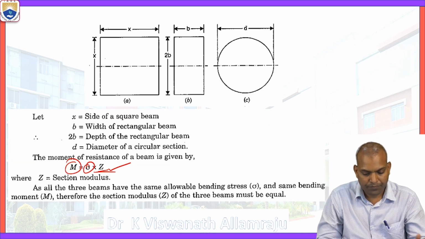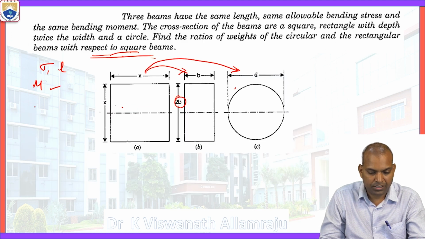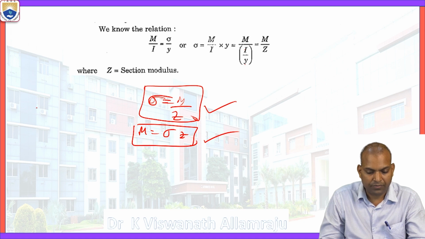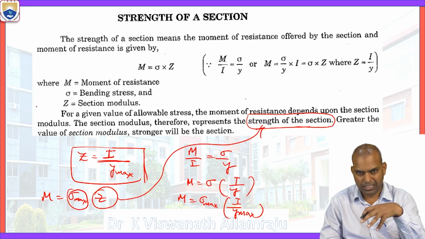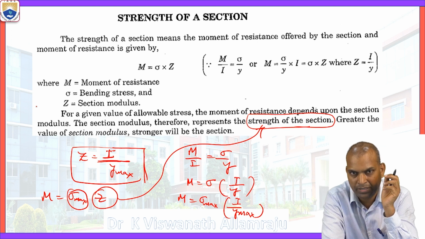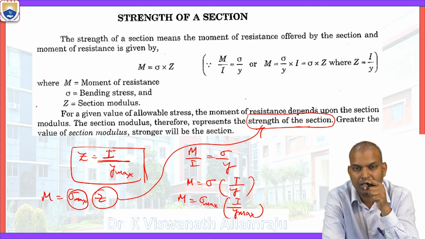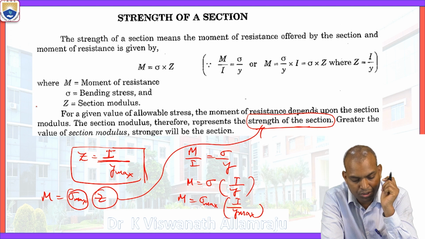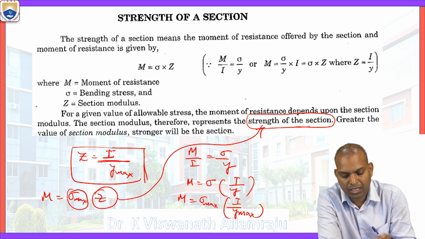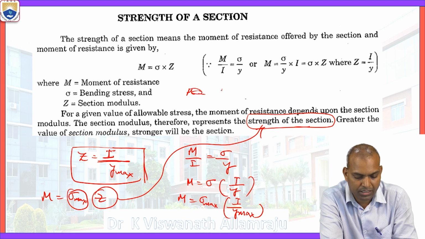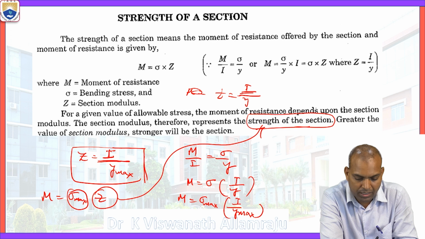Now in this problem, we have covered, let me summarize. What is the strength of the section? The strength of the section represents the mechanical parameter of section modulus. And section modulus is the ratio of moment of inertia to the Y max, Z equal to I by Y maximum.